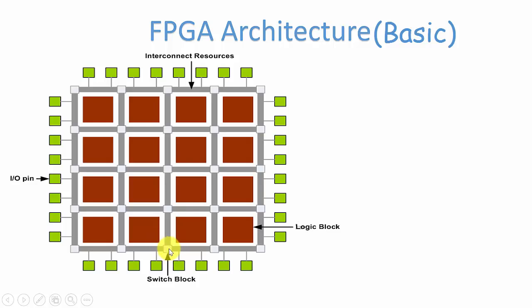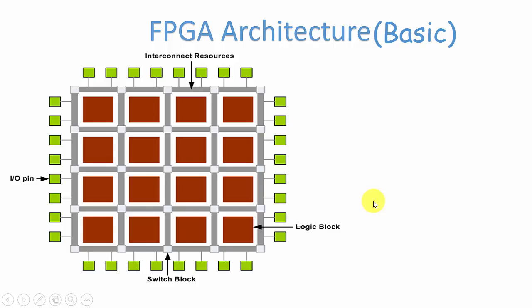A switch block supports connections from one block to another with the help of interconnections, and it can also be programmable. The next is interconnections, which are nothing but connection wires. And the I/O pins: these pins we can use as input pins as well as output pins.